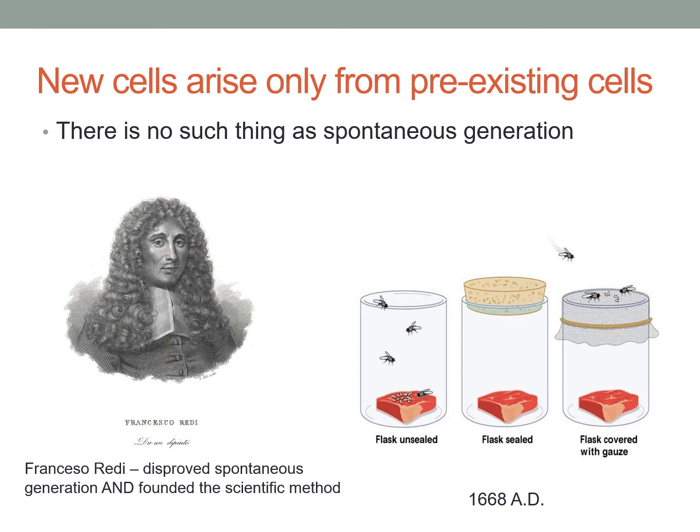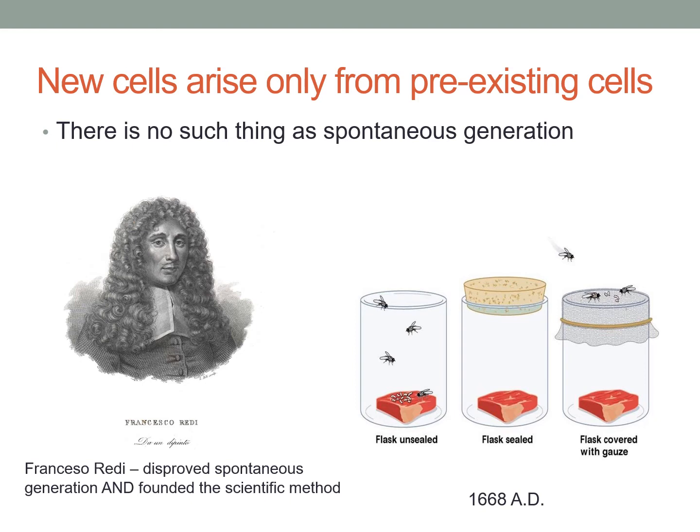So he said, aha, I'm going to put a cork in that container so the flies can't get to it. No maggots. And then, all right, now I'm going to put a piece of gauze over the top. And he saw the flies would land there, and then a few days later, maggots. So he was like, aha, those maggots are coming from the flies.